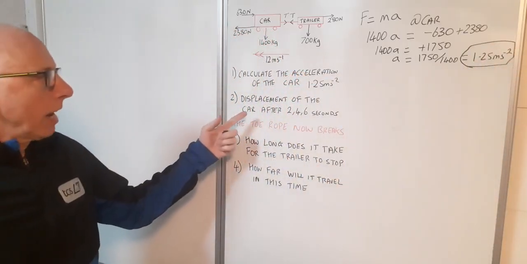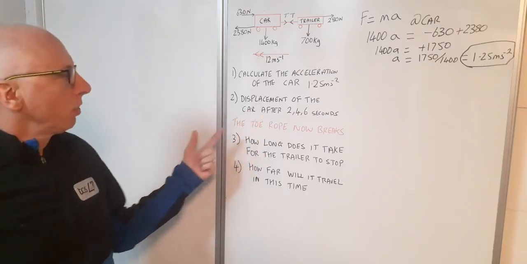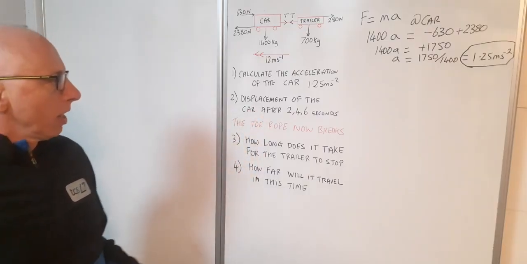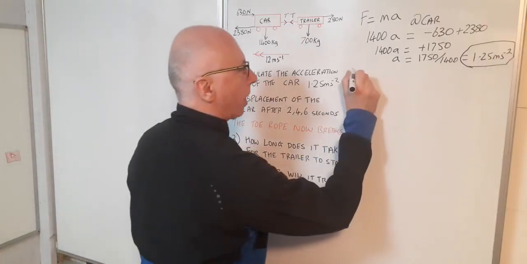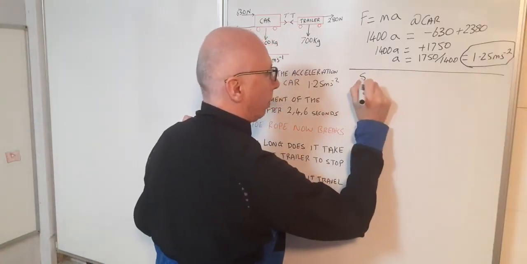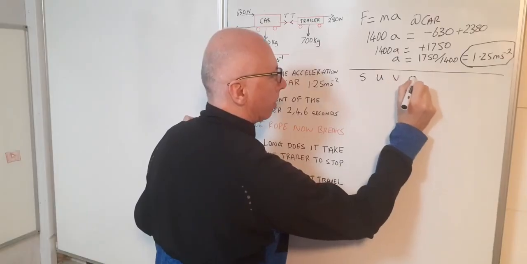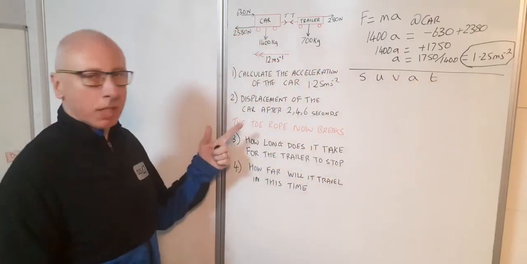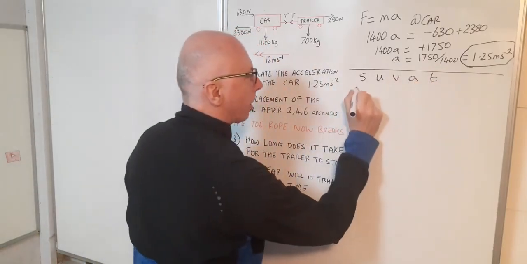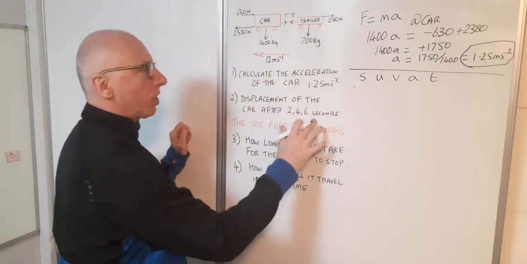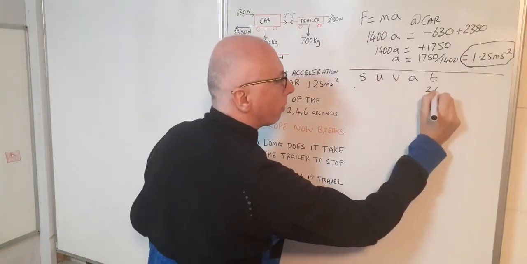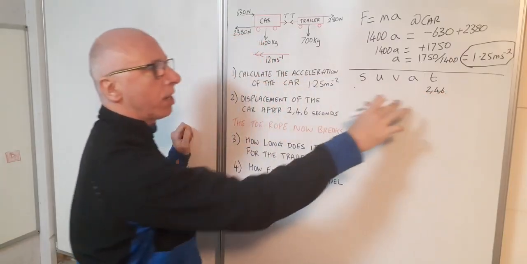Now what we need to work out is displacement of the car after 2, 4 and 6 seconds. So this is the point where we need our SUVAT equations. So let's write down here what we know and what we need to know. So displacement, that's what we need to find. What we want to know is what's happening after 2, 4 and 6 seconds, so 2, 4 and 6, that's the time.